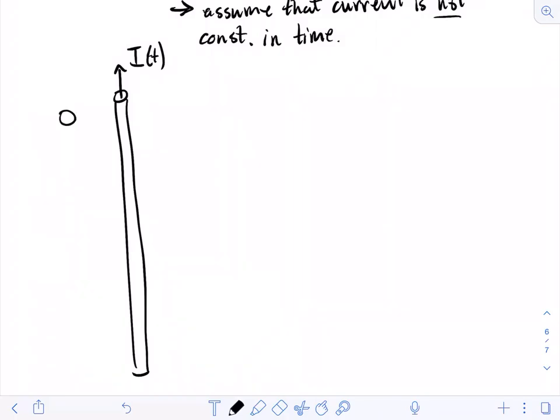And so we're going to have a current coming out of the screen on the left side, and then a current into the screen on the right side. So this is the same picture we drew at the beginning of the video.